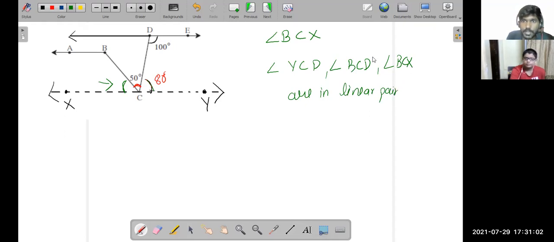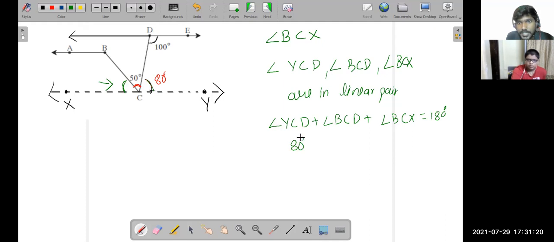One thing you know about angles in a linear pair is that if you add them, they are 180 degrees. So YCD plus BCD plus BCX is equal to 180 degrees. Substitute YCD is 80, BCD is 50, and BCX we don't know, is equal to 180 degrees.